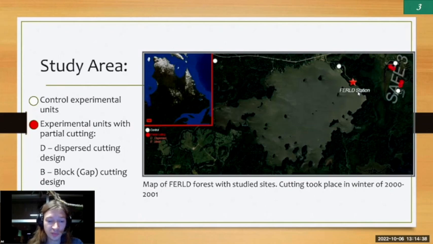There are two different partial cuttings. The first one is so-called dispersed cutting, and the second one is block cutting. Both cutting practices, where percent of removal of basal area was around 40%, so it's low intensity cutting, and they differed in design.